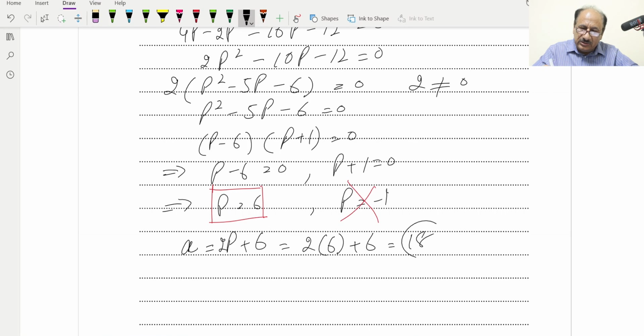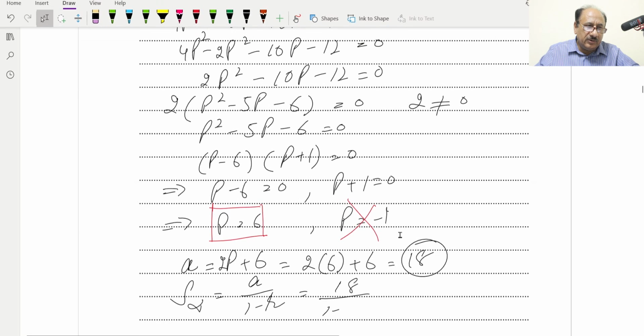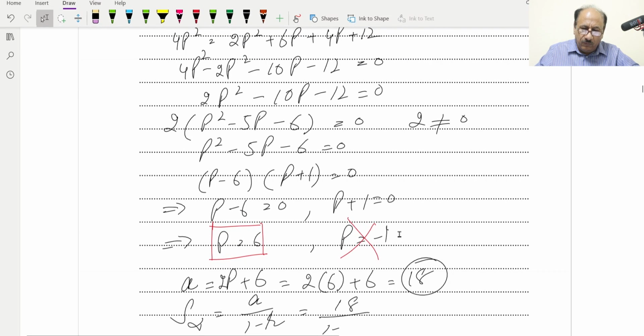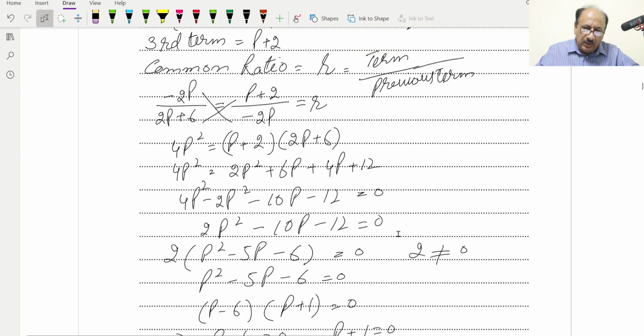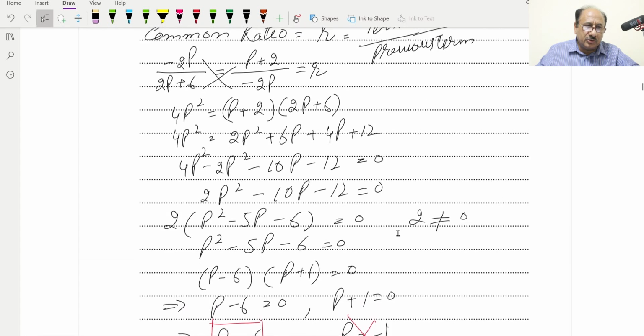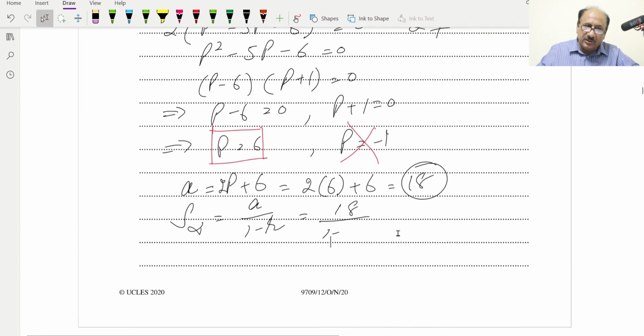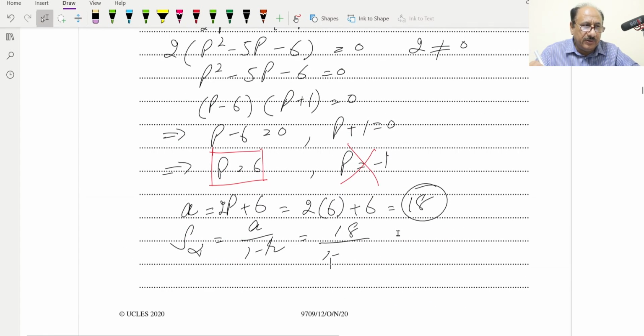And now this is our a value, and S infinity, for which we have written the formula earlier also, is a over 1 minus r, and a is 18 and 1 minus r, we found the r value. Basically we can find our r value also. So we have the second term over the first term, so I will be forming this one.